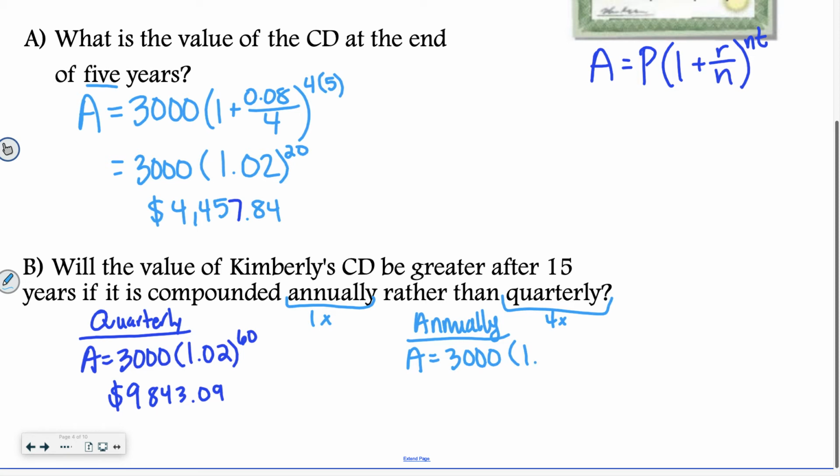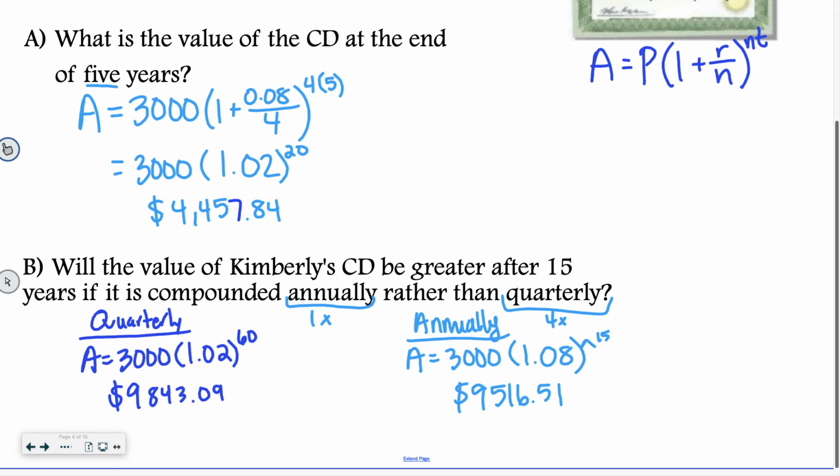I'm going to say 1.08 raised to the, and then it's once per year for 15 years. 1 times 15 is just 15. So if I type in 3,000, parentheses 1.08, caret 15, I am left with $9,516.51. So which one did she earn more money with, the annually or the quarterly?